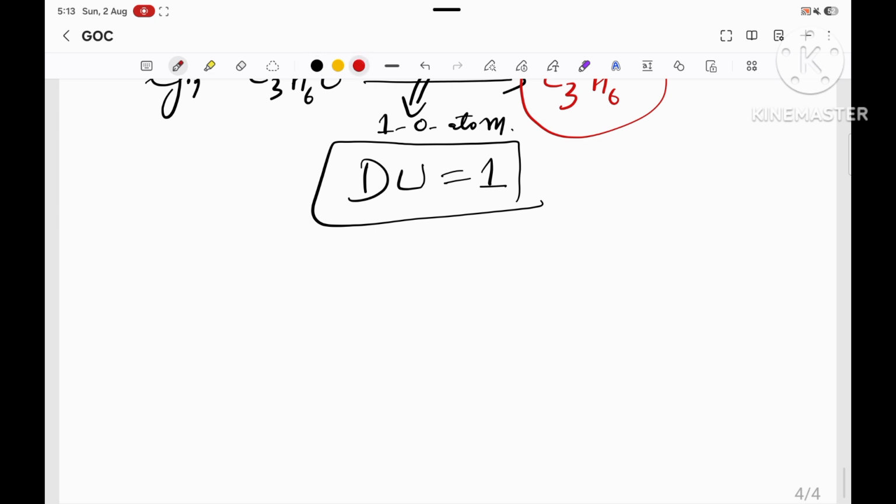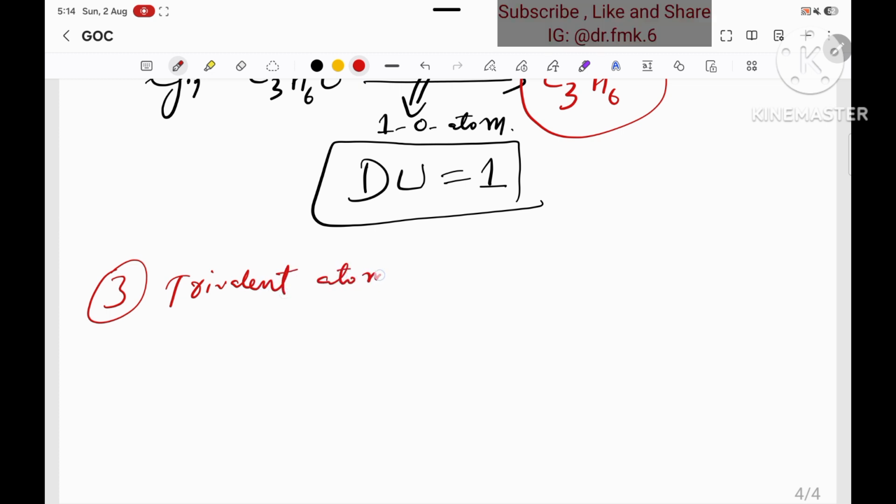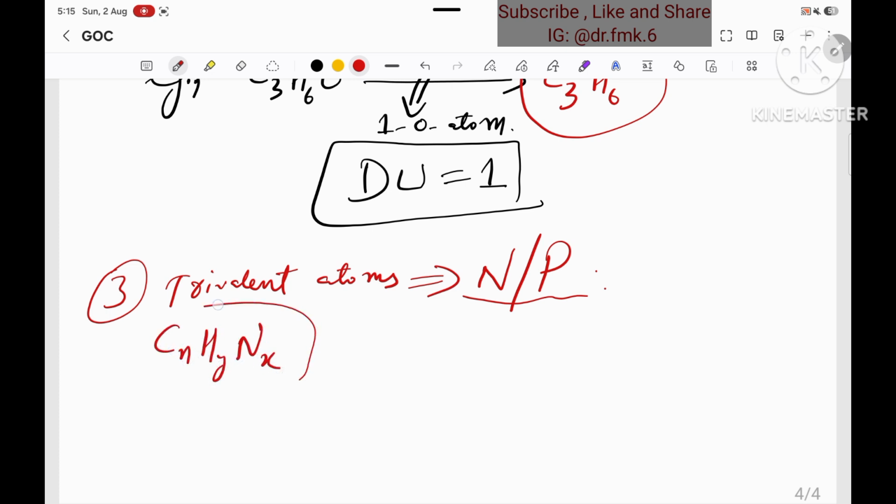After this, if the compound contains trivalent atoms like nitrogen or phosphorus, like this CnHY, N is X times.